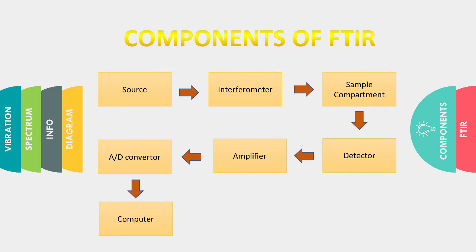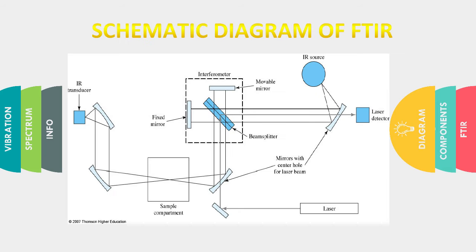The detector is a photoelectric transducer that converts the radiant energy into an electrical signal. Then, the signal is amplified and converted to a digital signal by the amplifier and analog to digital converter. Eventually, the signal is sent to a computer in which Fourier transform is carried out. So, here is a schematic diagram of FTIR.